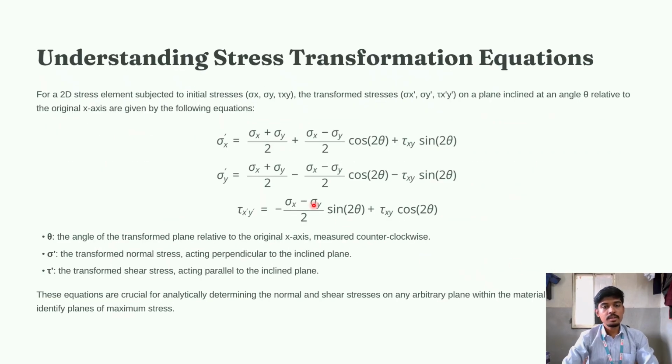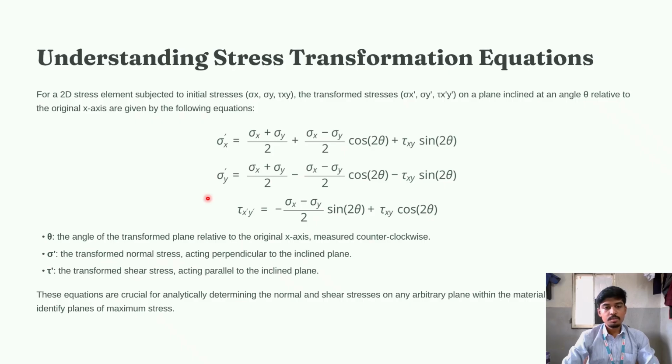So, understanding the stress transformation equations. Here the stress transformation equation is sigma x dash is equal to (sigma x plus sigma y) divided by 2 plus (sigma x minus sigma y) divided by 2 into cos 2 theta plus tau xy sin 2 theta.